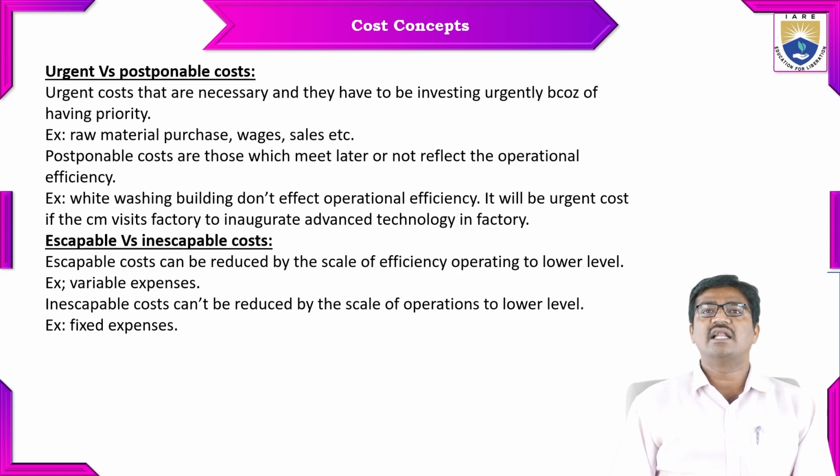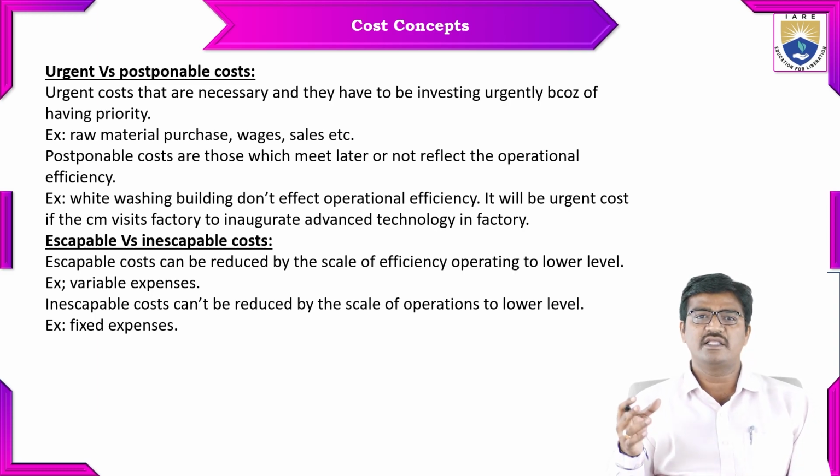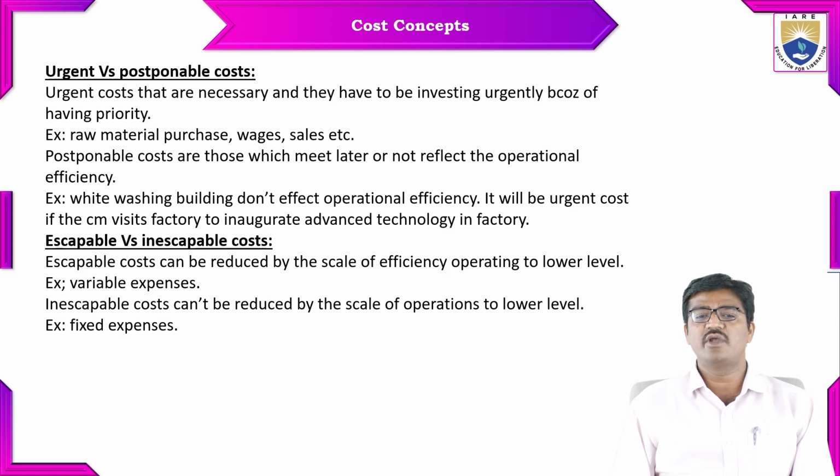Next one, urgent costs versus postponable costs. Urgent costs are those which have to be met urgently. All of a sudden you have to meet this cost. For example, the raw material is going to be out of stock soon. In this situation, you have to purchase the raw material.